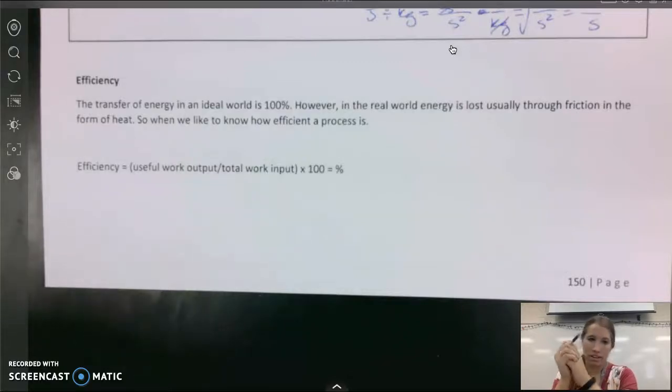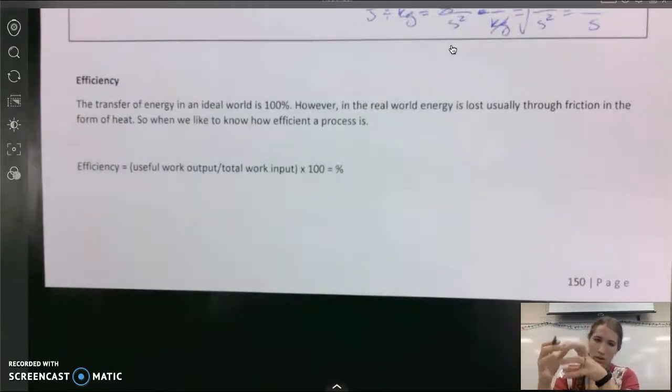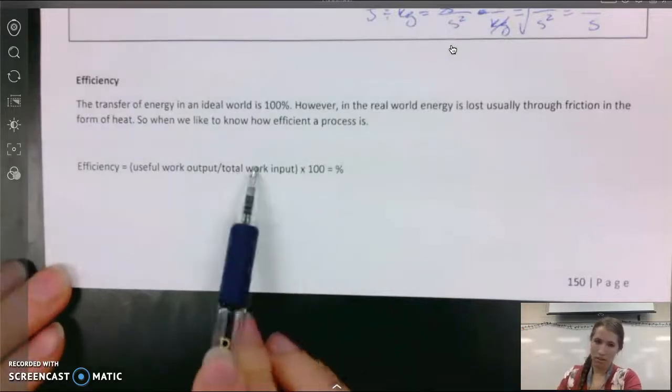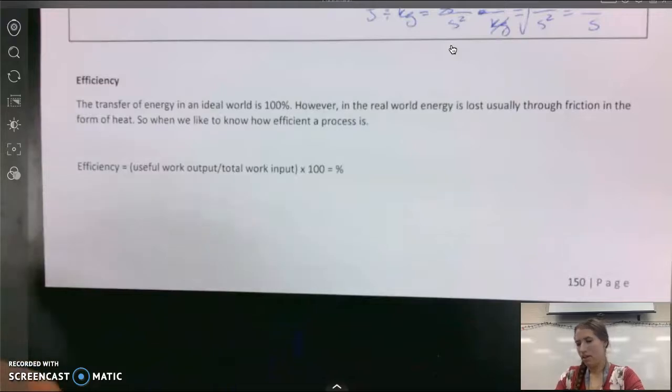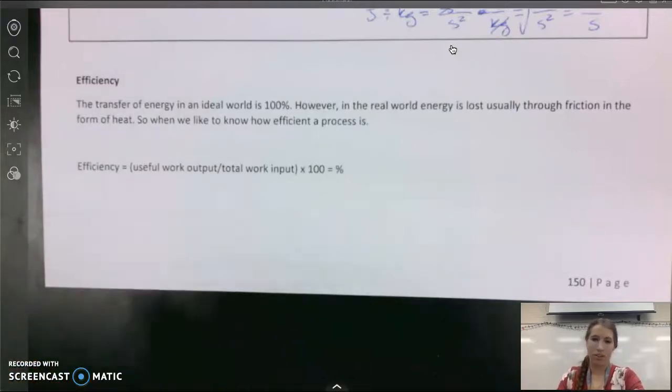So one way I like to think of this is if I put 100 joules of energy or work into pedaling a bike, that would be my input, and then the bike only gets me to a speed where I have a kinetic energy of 50 joules.